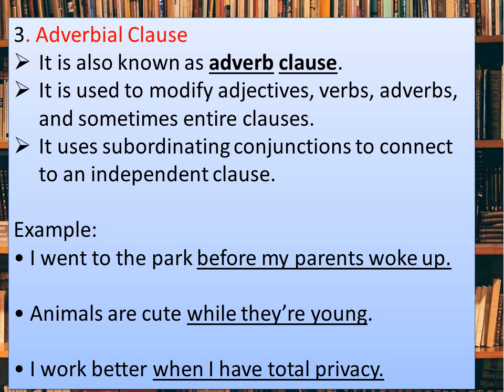Our adverbial clause, which is while they're young, describes your adjective cute. Okay? On the third example, I work better when I have total privacy. So our adverbial clause, when I have total privacy, describes your adverb better.